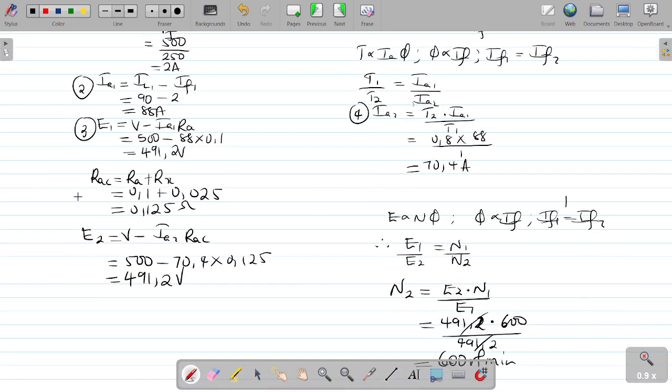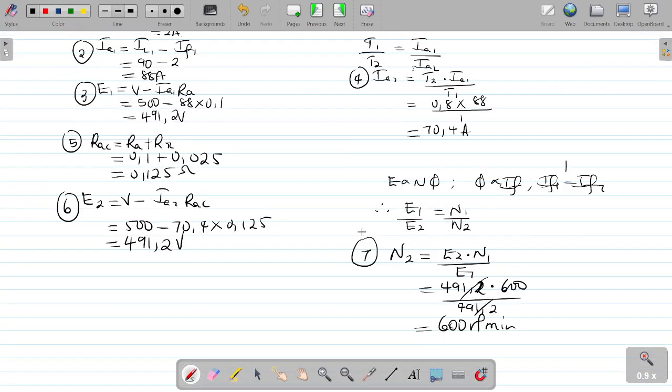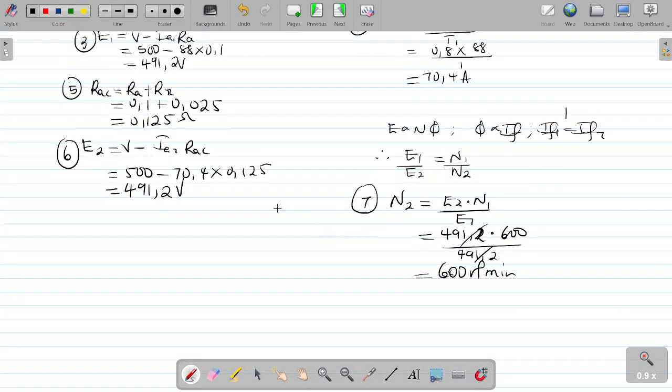After we found our IA2, we found our RAC, and in the last step we found N2. Chances are this calculation might be out of 6 marks. We have 7 steps, but it can be 6 marks. So go practice.